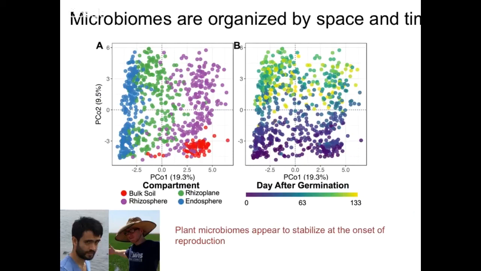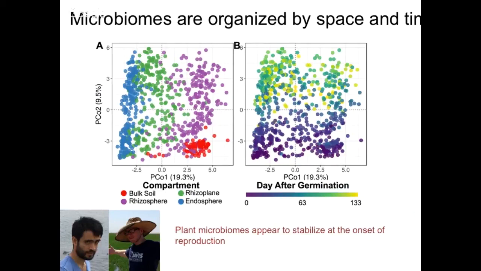Along the second axis, we see that rice age is a major factor contributing to variation as well. And so we noticed a trend here, which I'm going to show a little more clearly, in that it looks like these communities are stabilizing at the onset of reproduction, or that panicle initiation stage.